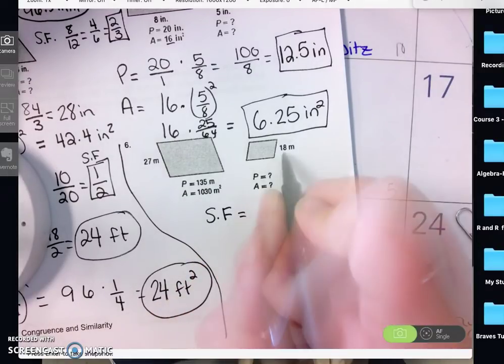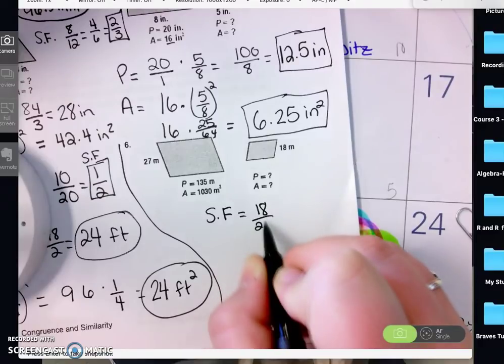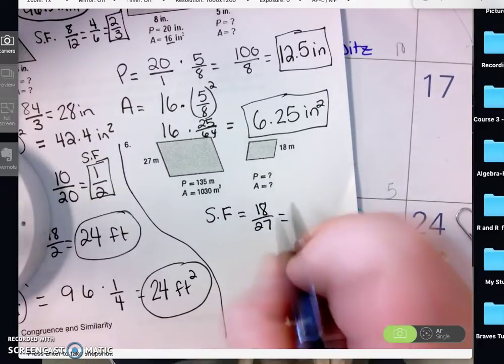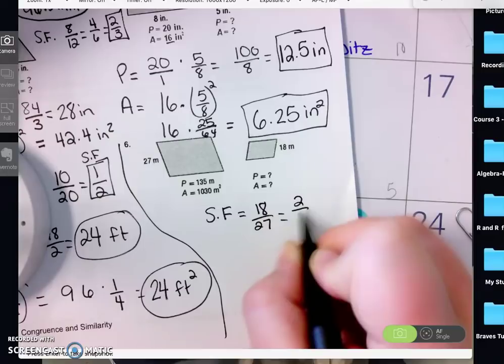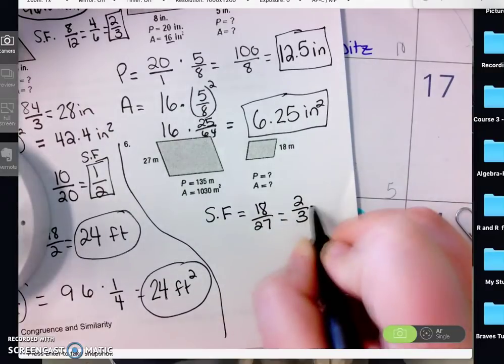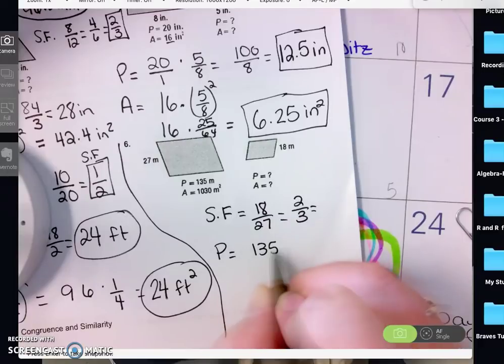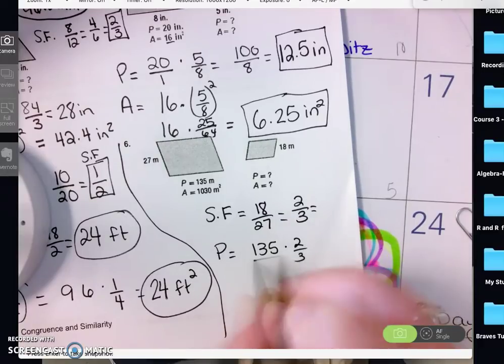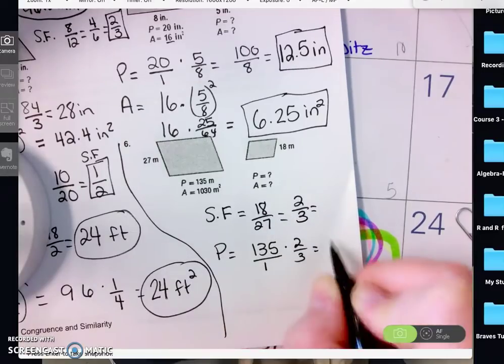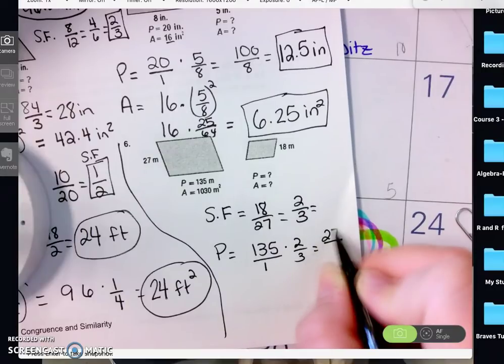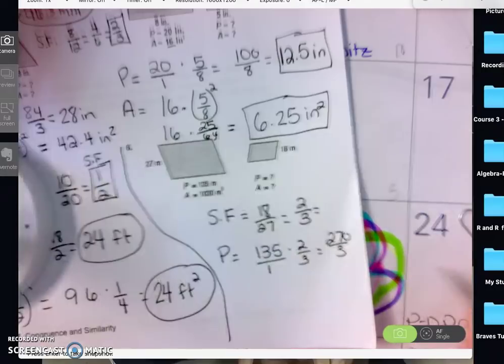So scale factor 18 over 27. Both can be reduced down by dividing by 9, so 2/3. So the perimeter is going to be 135 times 2/3. So 270 divided by 3.